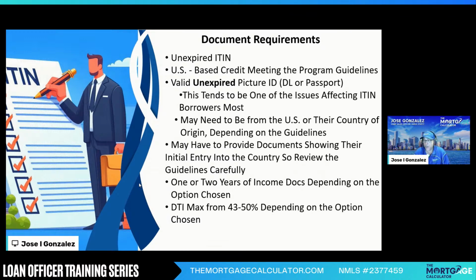It has to be state or federal picture ID. Or the passport would work as well from their country of origin. Now, sometimes the borrower that does not have legal status, depending on where they live, may have difficulties in obtaining some type of a federal or state picture ID if they don't have one that's unexpired to begin with. So keep that in mind when interviewing your borrowers.